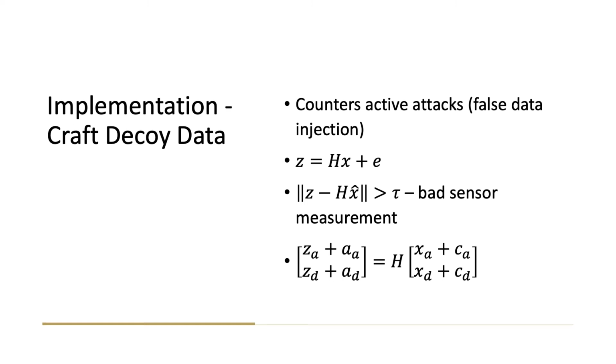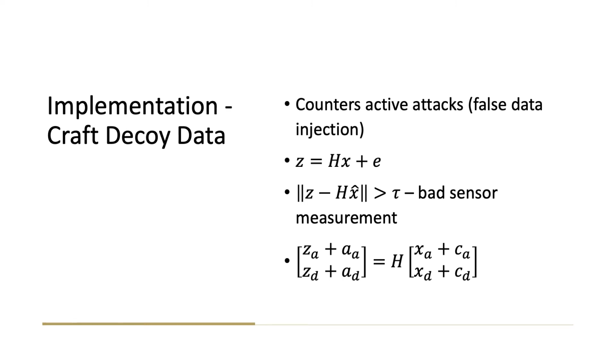And now it's the most, I would say, math-intensive part. It's to defend against those active attacks. To counter those types of attacks, we first introduce a linear measurement model. In that equation, you have x, h, and z. x is the underlying system state, h is a measurement matrix, and z is the corresponding measurement.